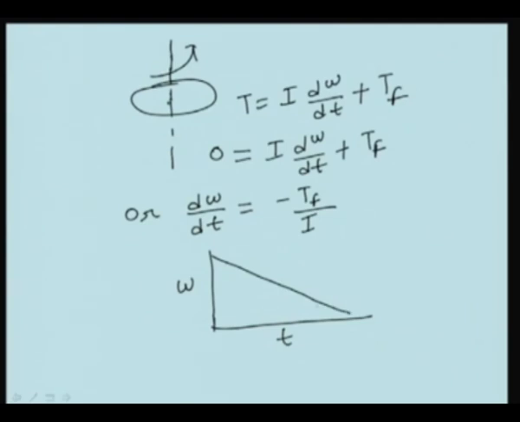By that you can find out the friction torque. Friction torque Tf will be I times d omega by dt. So this is the thing about that.